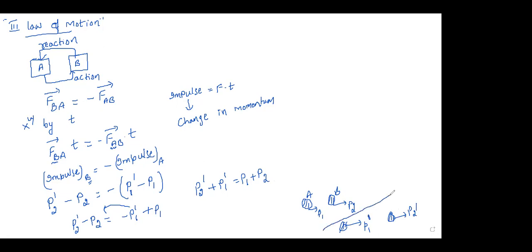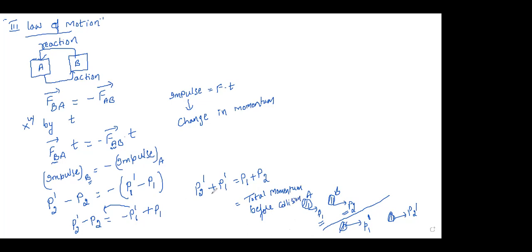So before collision, what is the total momentum? P1 plus P2. What is P1 plus P2? Total momentum before collision.